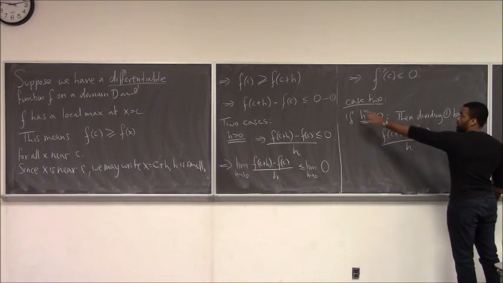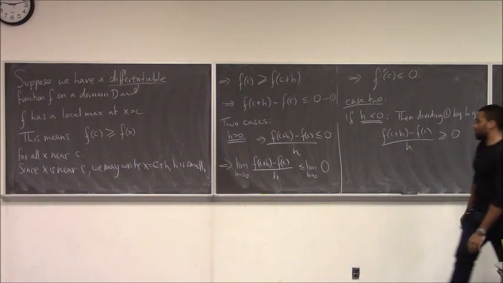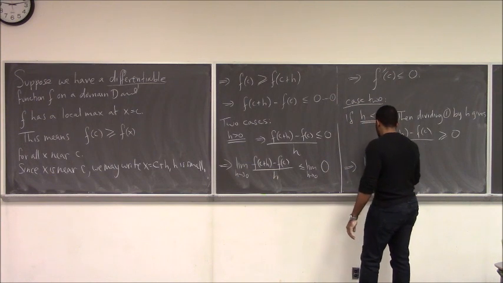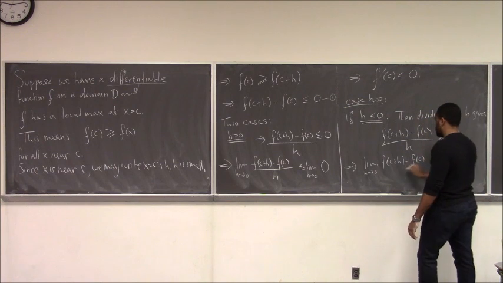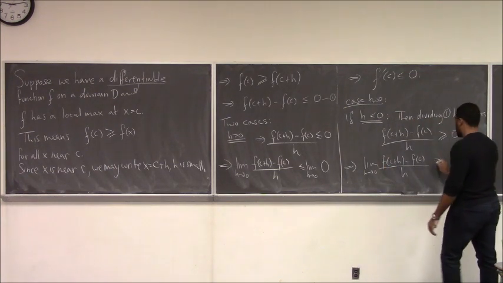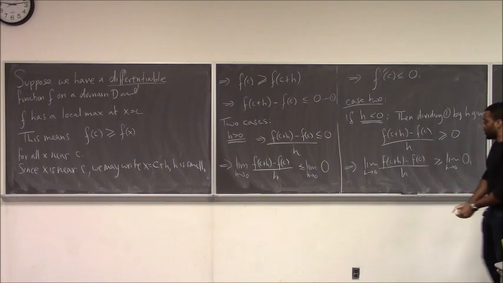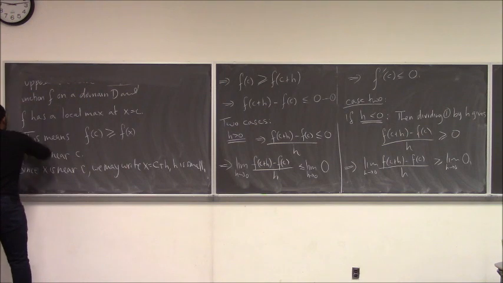Divided by a negative number turns the inequality sign around. And so what we can do is, again, take the limit as h approaches 0 of this. And of course that implies the derivative is greater than or equal to 0.